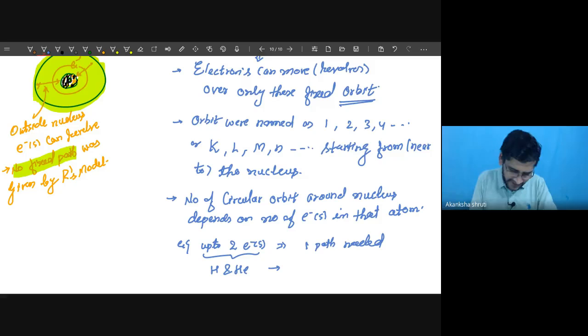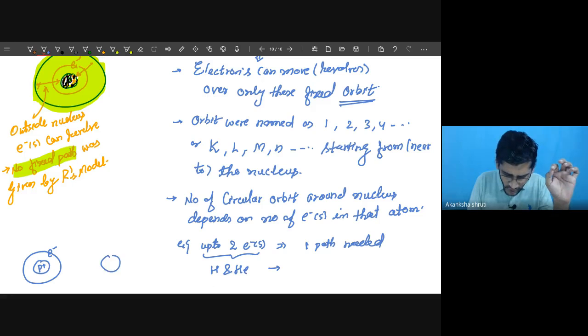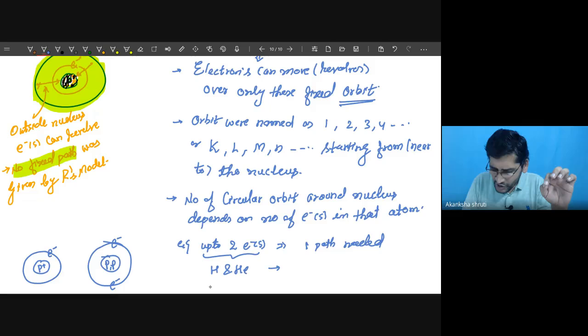If we draw hydrogen, it has one proton and one electron, so the positive charge will be present here, and over this there will be only one path in which one electron will revolve. It's enough. For helium also, the 2 protons will be inside the nucleus, and over the single path the 2 electrons will revolve. One path is enough.